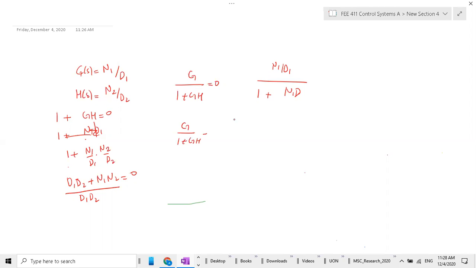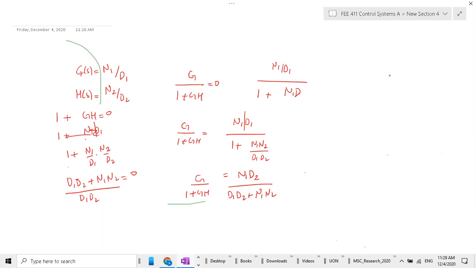So here we'll have N1 D1 over D1, and this one will have N1 N2 D1, like that, right? So if you multiply by this, we'll have N1 D2 over D1 D2 plus N1 N2. So this is closed loop control system.